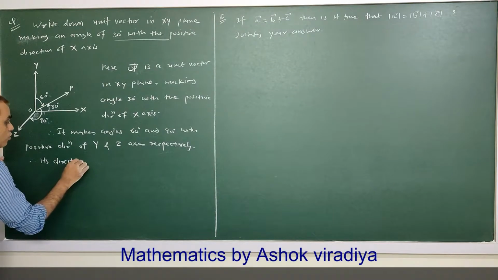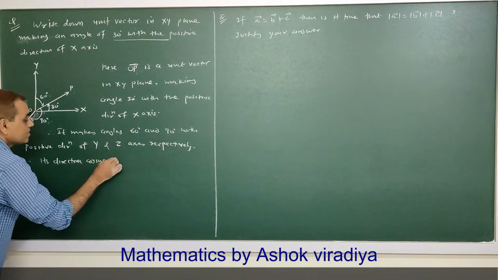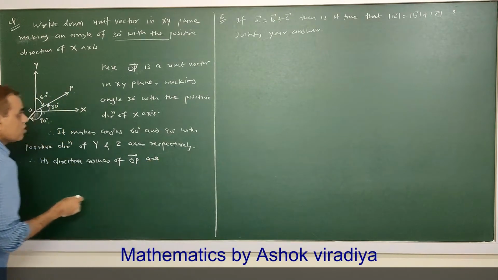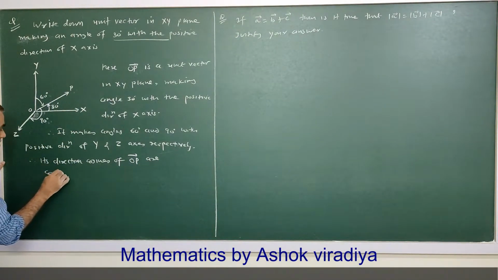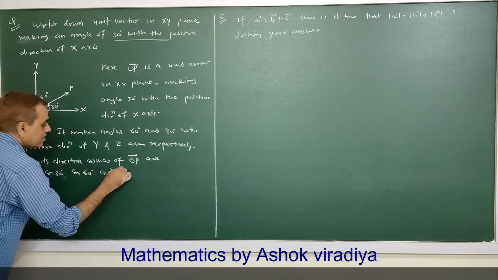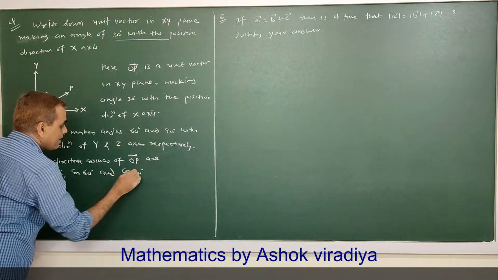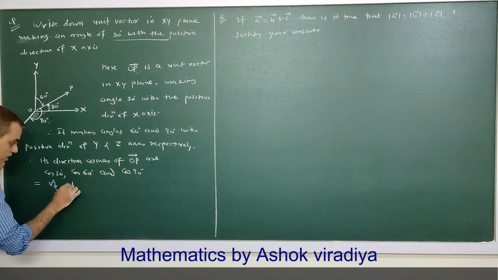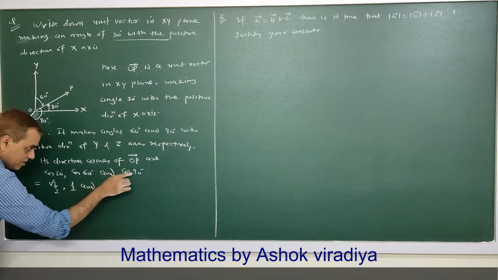So direction cosines of OP are cos alpha, cos beta and cos gamma, that is root 3 by 2, 1 by 2 and 0.